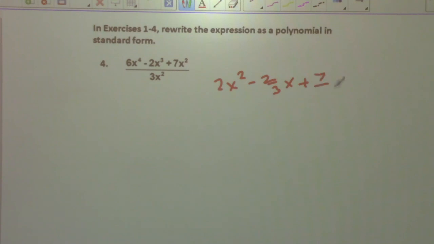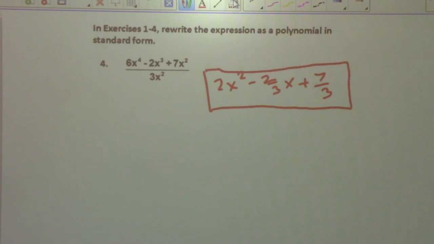I'm going to call it 7/3, how's that? Is that what you meant, Elizabeth? Is that right? It is, okay. So this will be correct also.